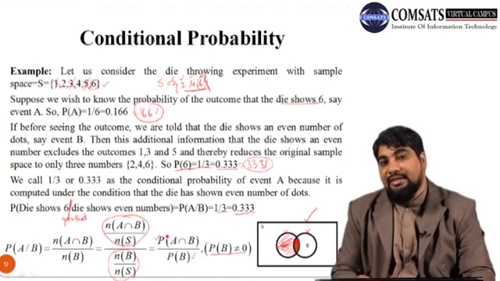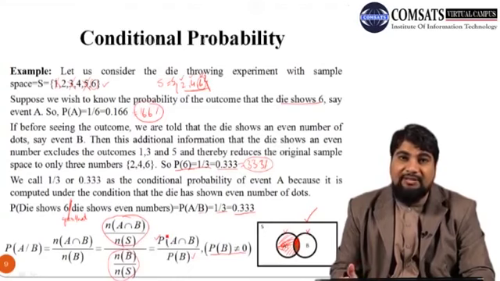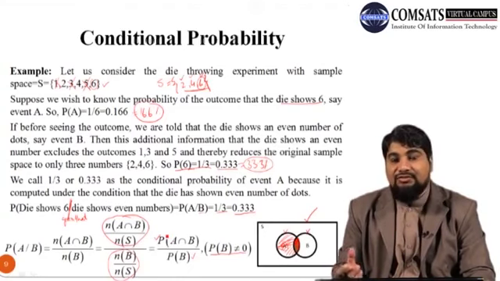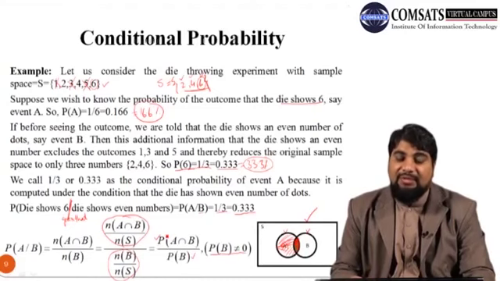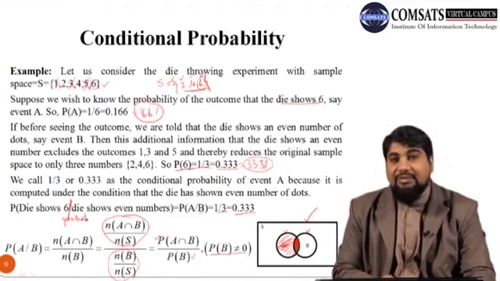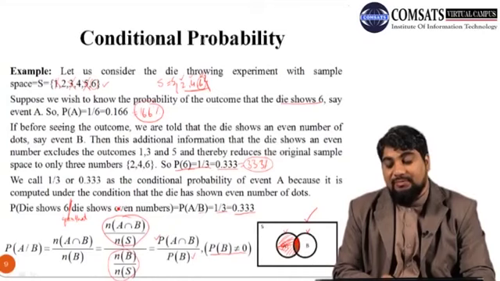The main idea of conditioning is that whenever we have certain additional information, we use that information to calculate the probabilities, which means we are reducing our sample space.